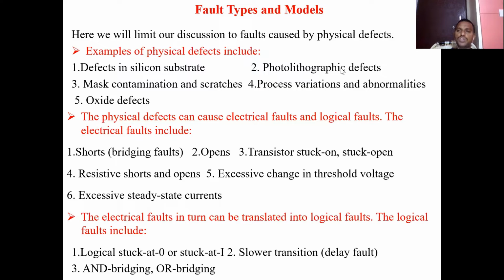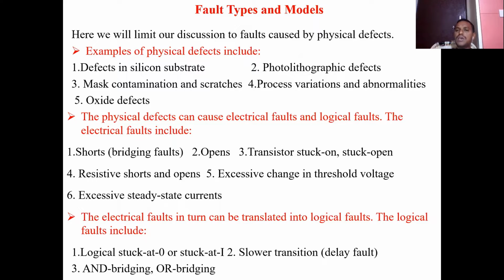What do photolithographic defects mean? When fabricating an NMOS or CMOS or any circuit, we use the photolithographic process to transfer our design.